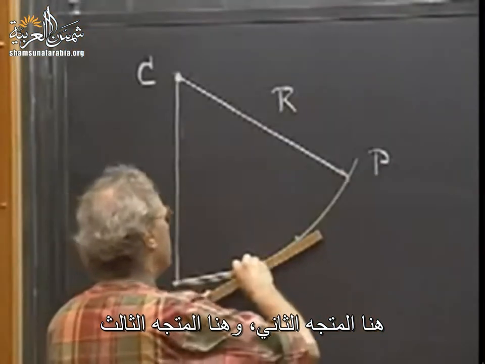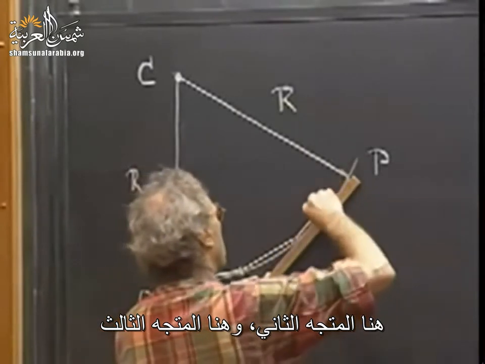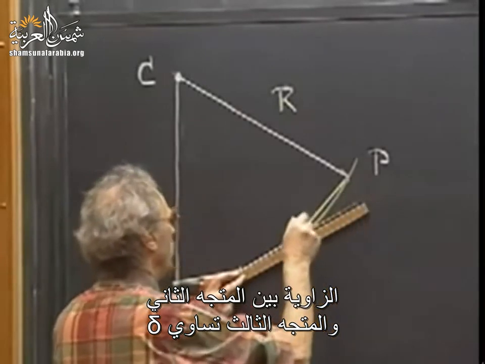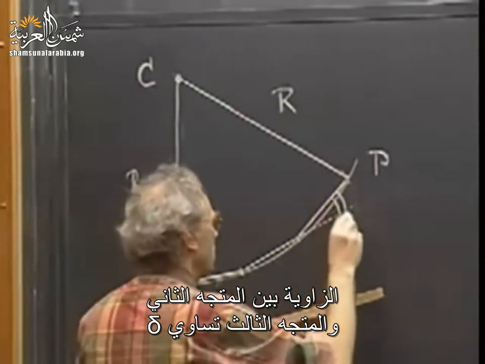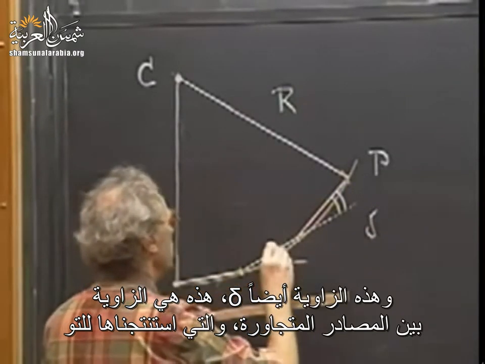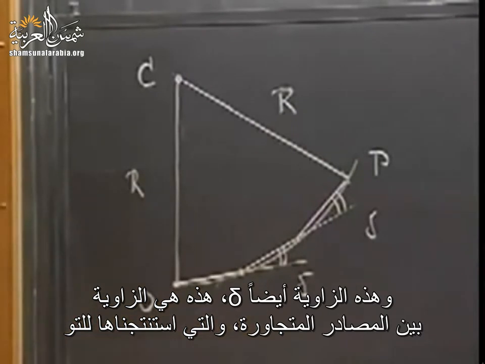And so here is the other, the second one, and here is the third one. And so the angle between the second and the third one, this angle here is delta. And this angle here is also delta. That's the delta between the neighboring sources, which we just derived.